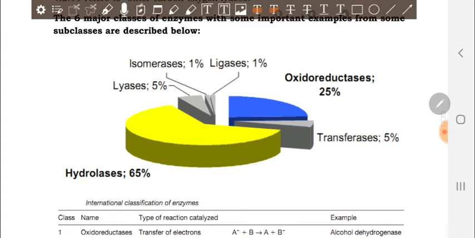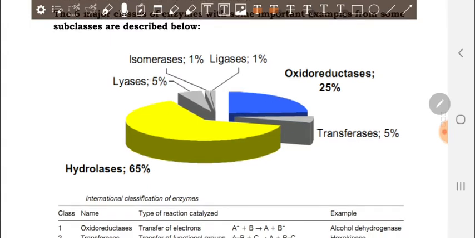The majority, hydrolases, comprise 65%, and oxidoreductases are 25%. The second main class, transferases, is 5, and then lyases is 5, isomerases is 1%, and ligases is 1%.